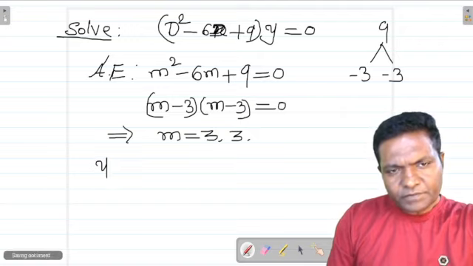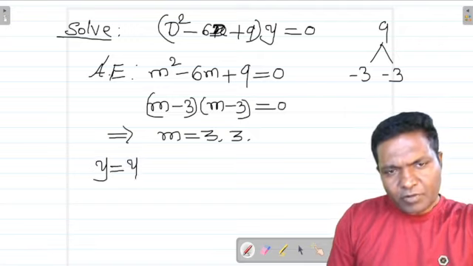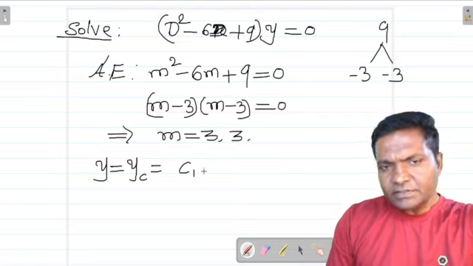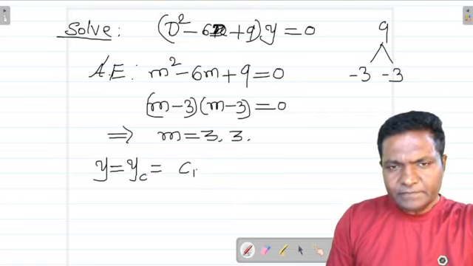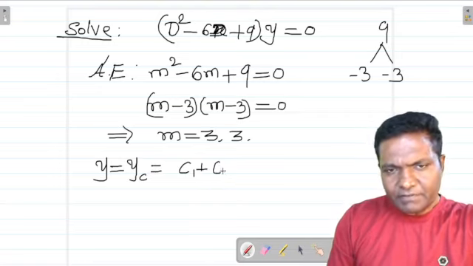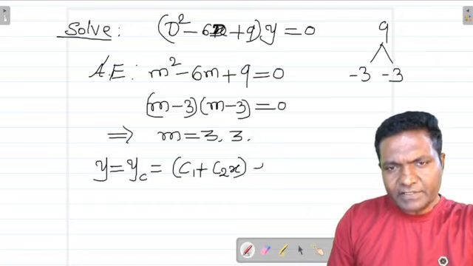Therefore the solution y is equal to the complementary function yc, and since the roots are real and equal, repeated twice, it is (c1 + c2x) e^(3x).